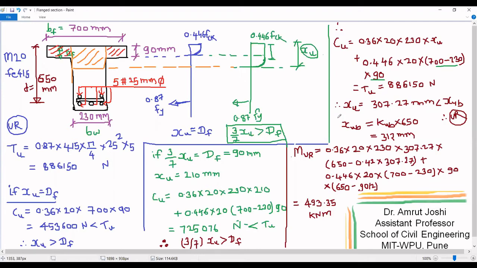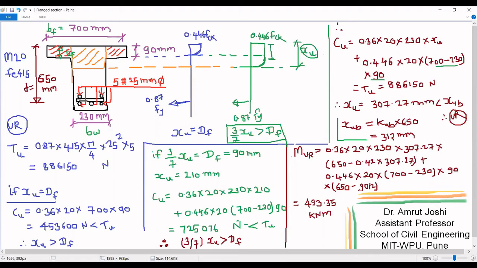Now let us calculate the neutral axis position for balance section. For balance section, the position of neutral axis from extreme compression fiber is given as KUB into 650. This turns out to be 312 mm because KUB for Fe415 is 0.48.